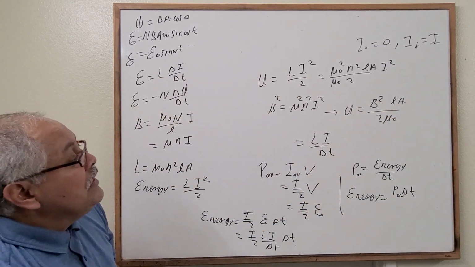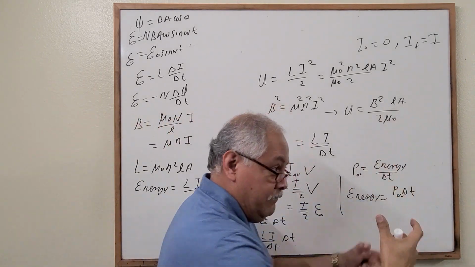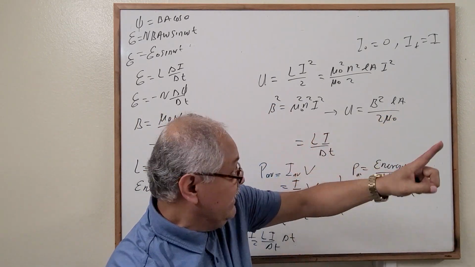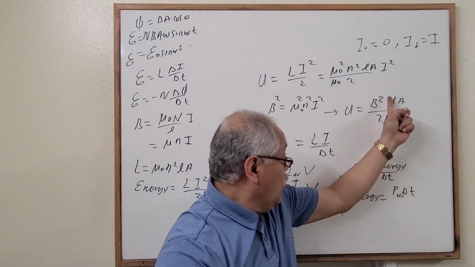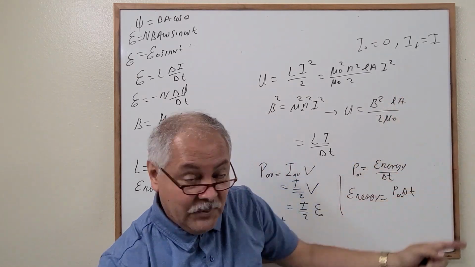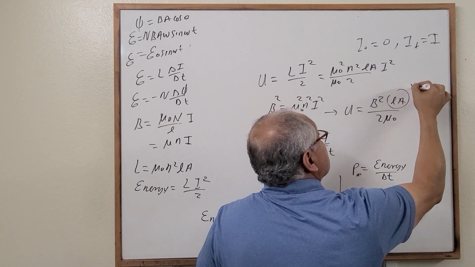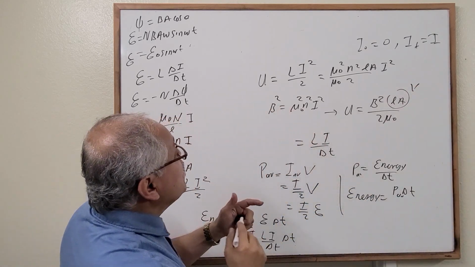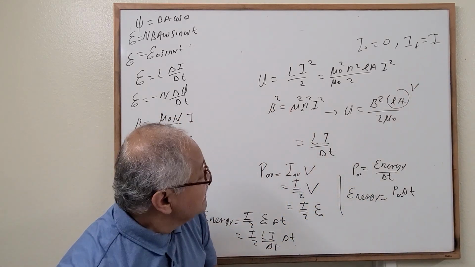But look, this is the area of the solenoid. This is the length of the solenoid. What is this product? This product is volume. So also we can arrange this in this way.